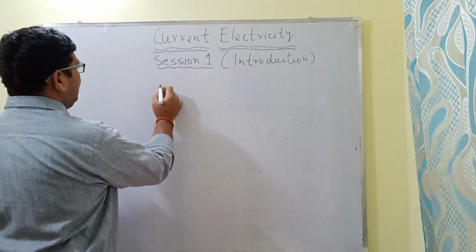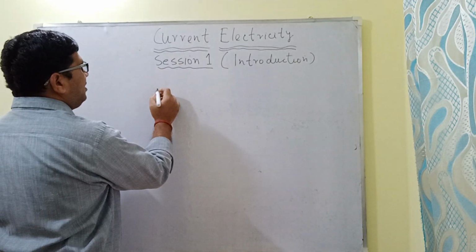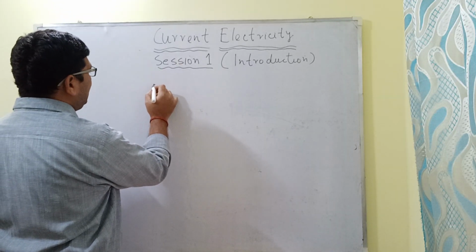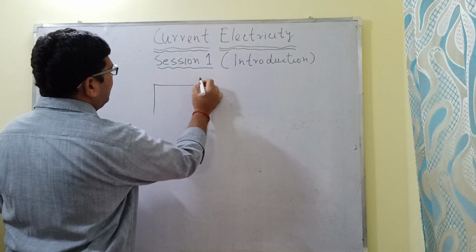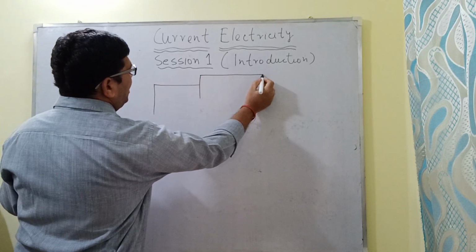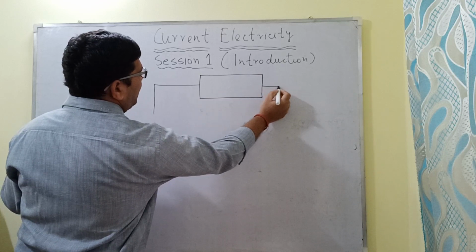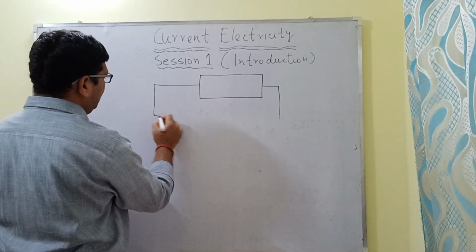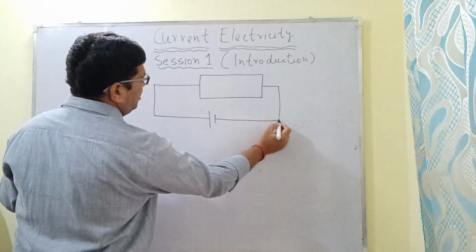I will try to explain the concept of electric current with the help of this example. Here I am making one figure in which I am connecting a small conductor to an external EMF source.